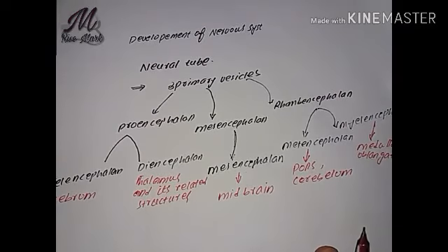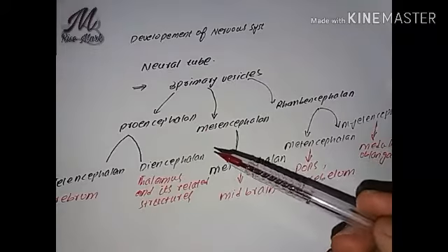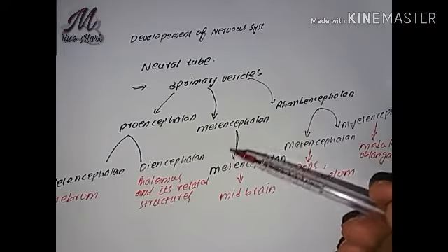So this was a very short review on the development of the central nervous system, the brain and spinal cord. Now we will try to understand these structures diagrammatically.